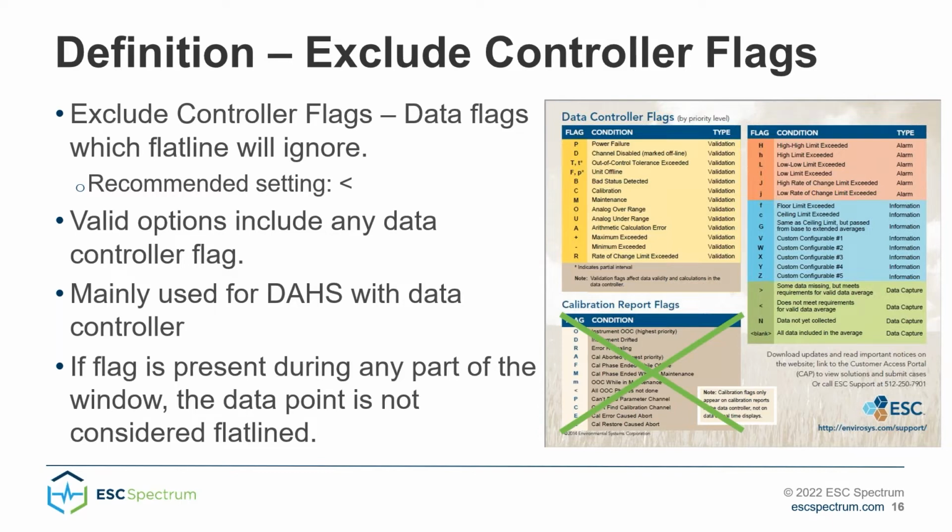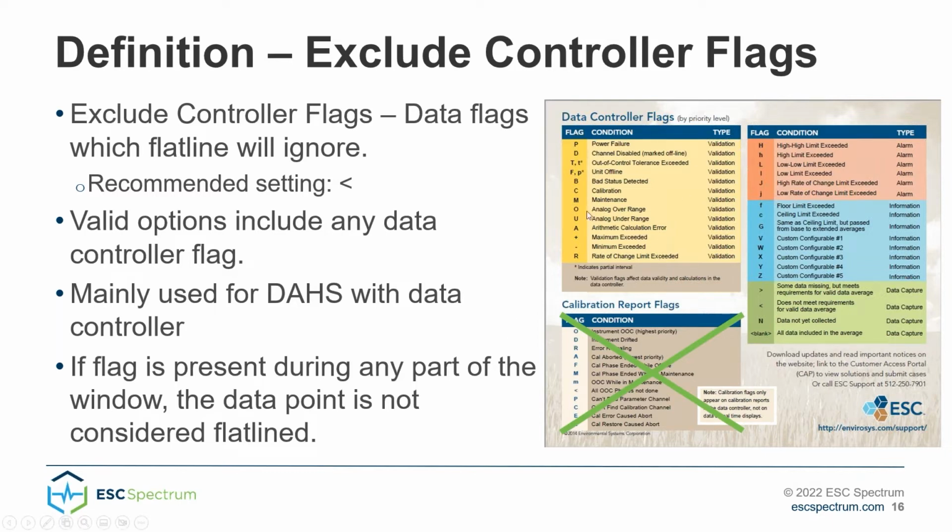For the data controller flags, most of you have probably seen this mouse pad that we have that lists out all of the flags. This will exclude the calibration report flags, as those are just on calibration data, but any options from this flag list are valid options to include.